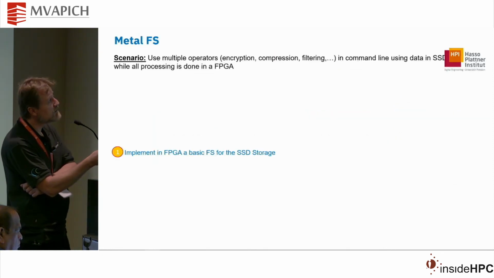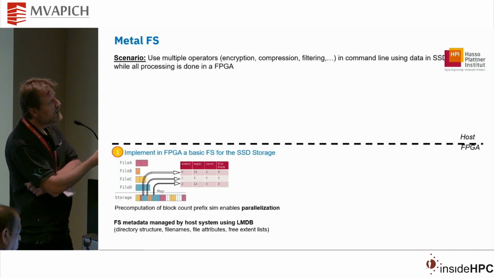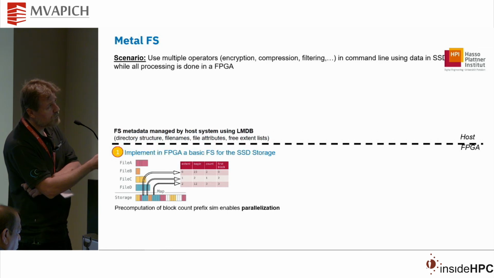So this is what they have made available on CAPI 1. It's working nicely. They use multiple operators to compress, encrypt, and so on, or filter, or modify the case in a command line, and use the SSD located in the FPGA as if it was local storage. They use the file system with LMDB, which is an open source system, I think.